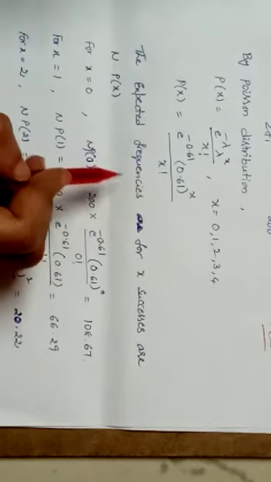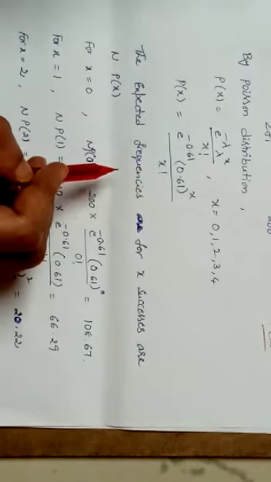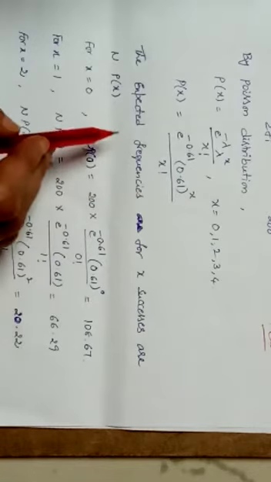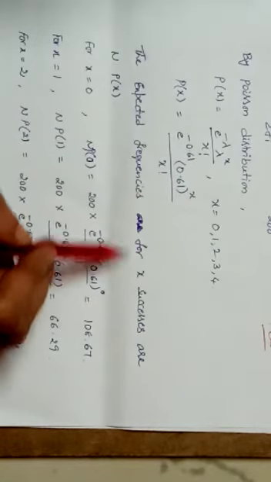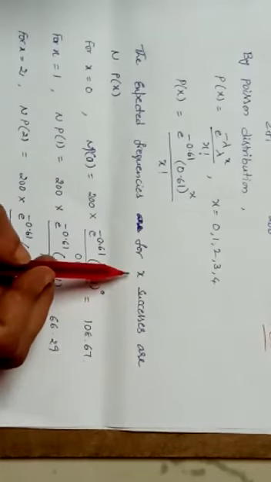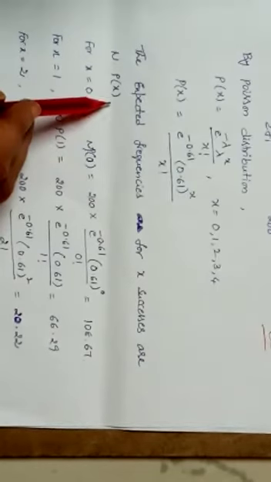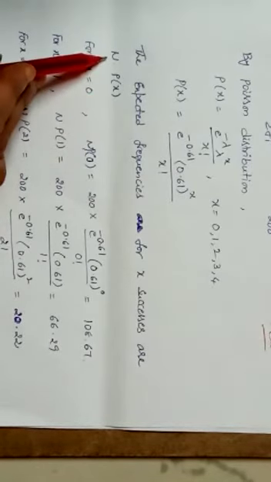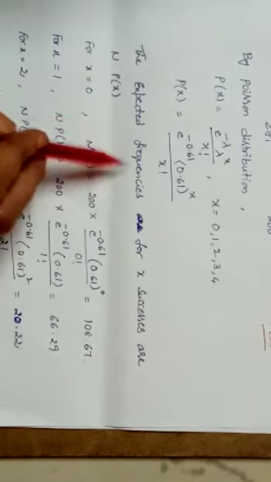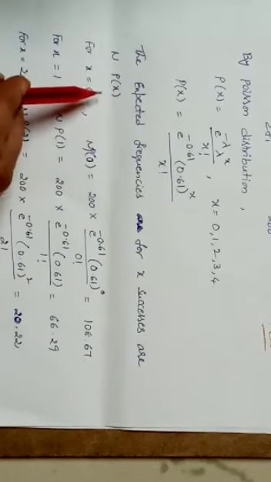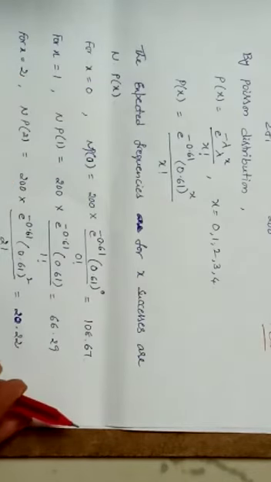We need to find the expected frequencies for x successes, that means x values from 0 to 4. The formula for the expected frequency is n into P of x. We already got n as 200.